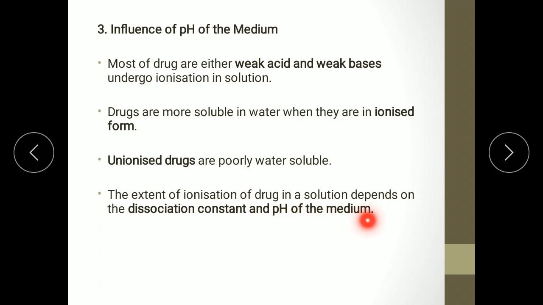This we have studied earlier in inorganic chemistry also. Most of the drugs are weak acids and weak bases, and ionized drugs are more soluble than unionized drugs, and the extent of ionization depends upon the dissociation constant and pH of the medium.